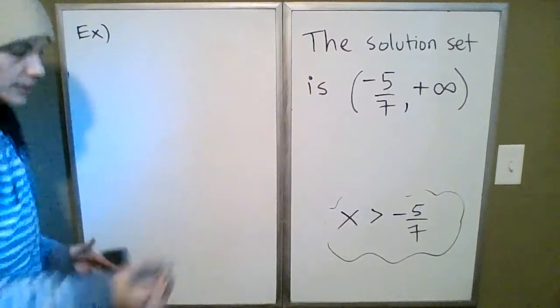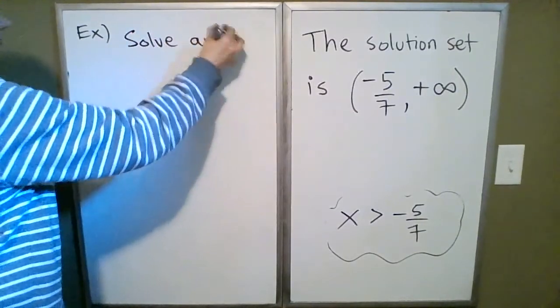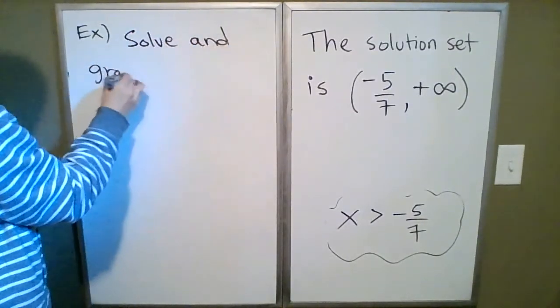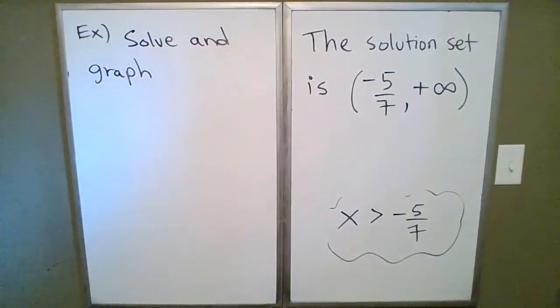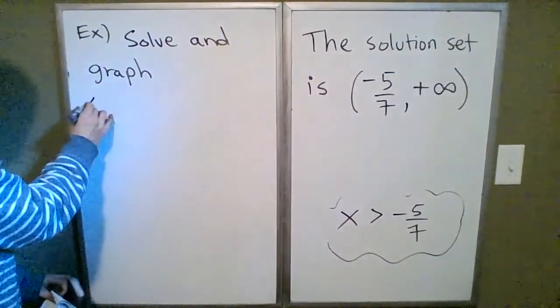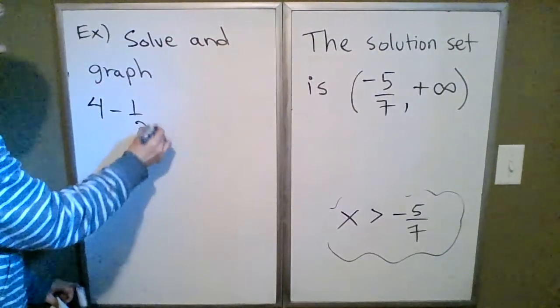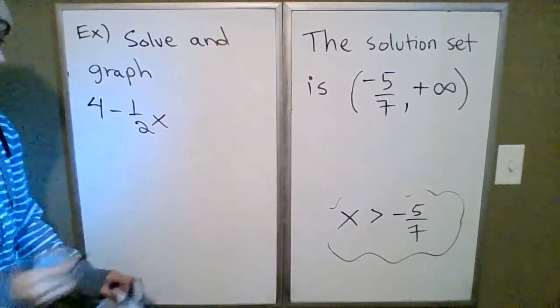Solve and graph: 4 minus 1/2 x is less than 2/3 x minus 5.